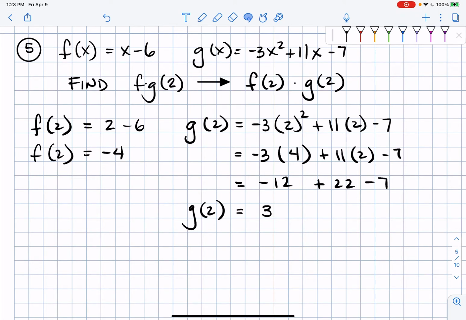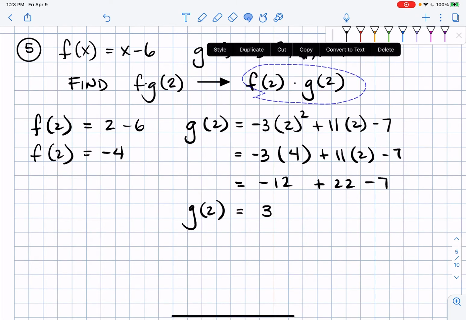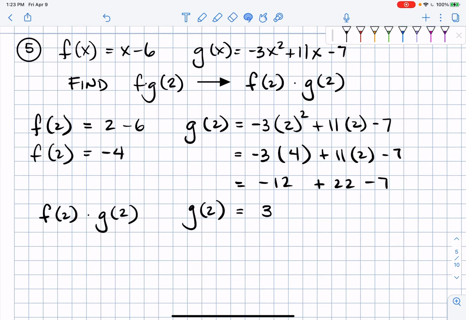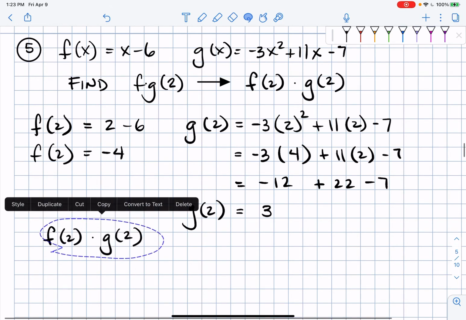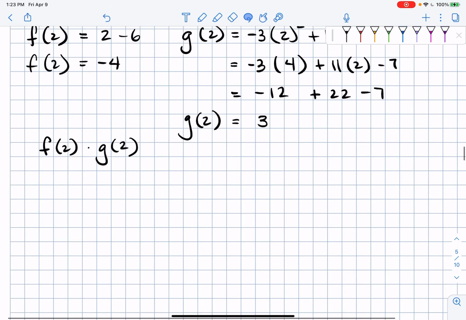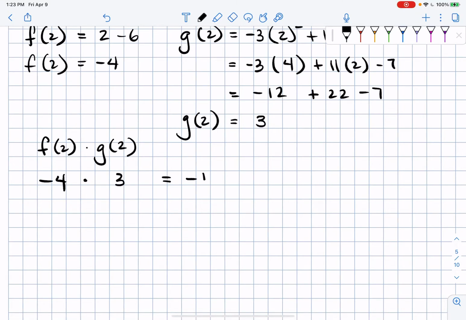So if you look, like I said, I have this right here, right? So let's duplicate that, bring it down. So what that is telling me is that it's f of 2, which is what? Negative 4 times the 3. So that is going to equal to negative 12, okay? Let me do it this way better.